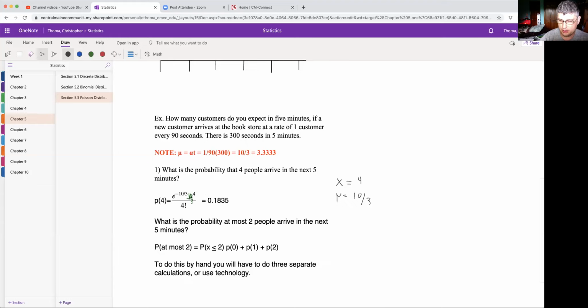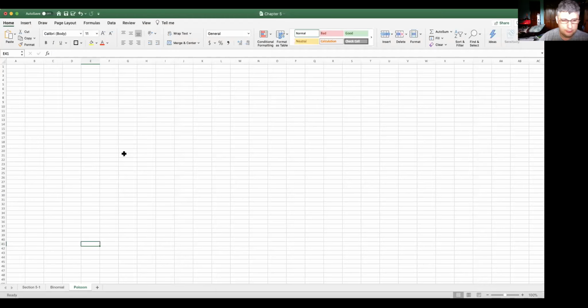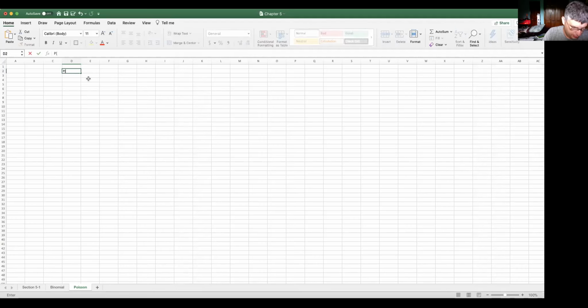So I'm going to go back to my lovely Excel here. And I'm not going to create the whole PDF in this case, right? So we'll do both again. The probability that we got 4 customers, and then the probability, parentheses, at most 2.